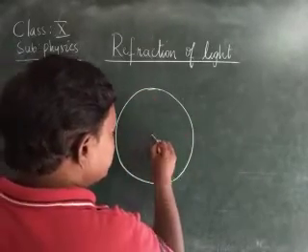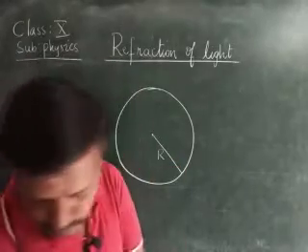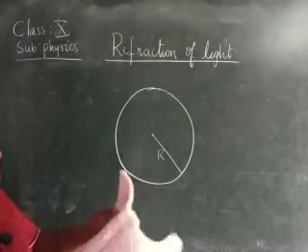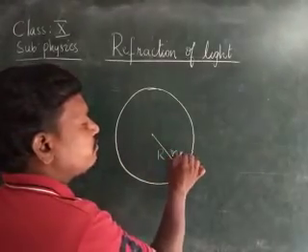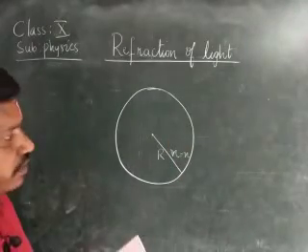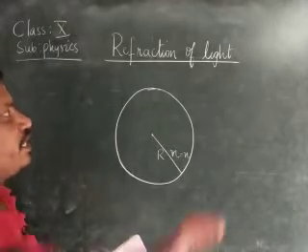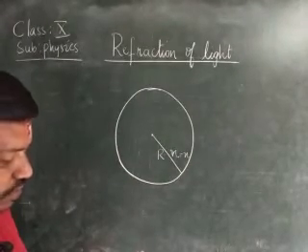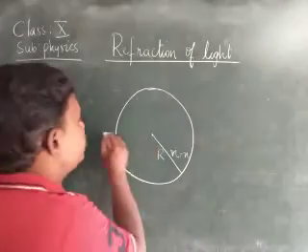Its radius is r, and the refractive index is n. Now see here, it is kept in the air. At what distance from the surface of the sphere should a point object be placed on the principal axis? There is a principal axis.